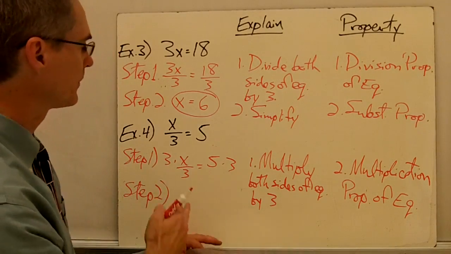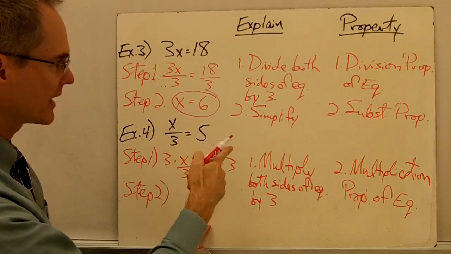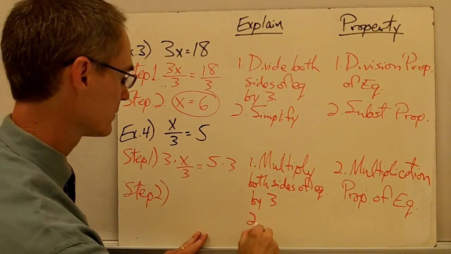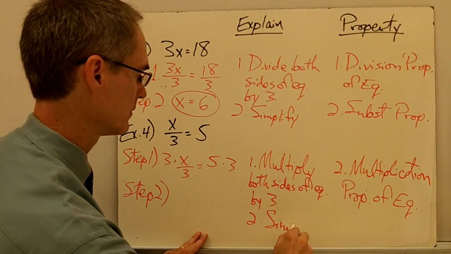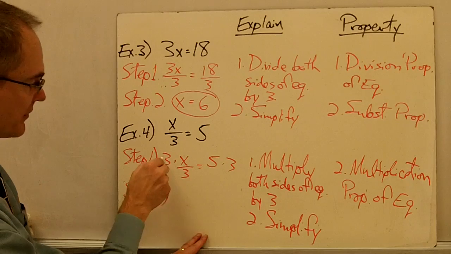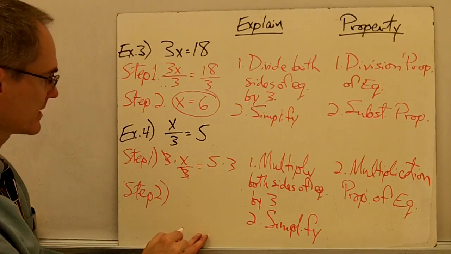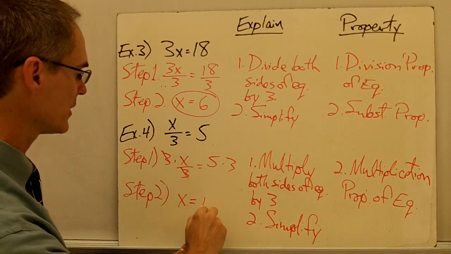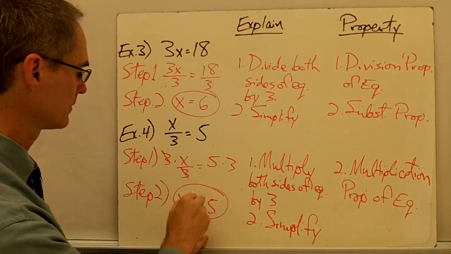Step number 2, again, I'm going to do essentially what I did in the other problems. I'm going to simplify by canceling out my 3's here, so I'm left with x on this side. 5 times 3 is 15.